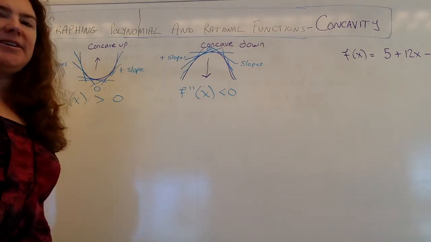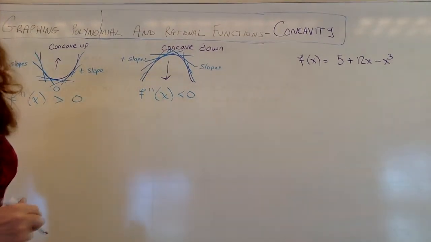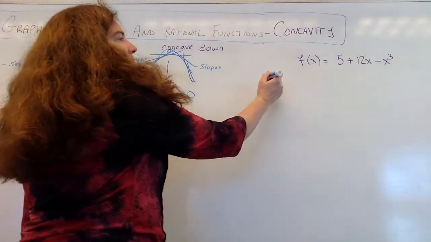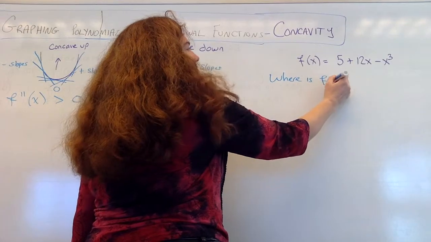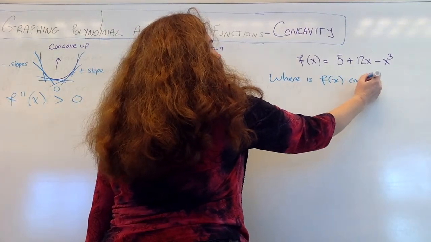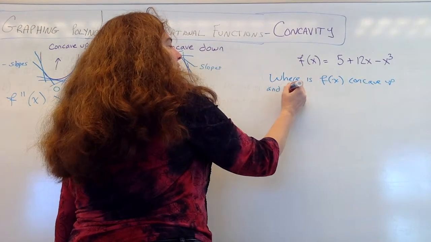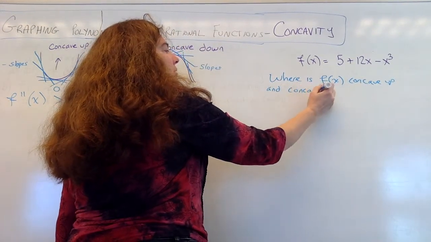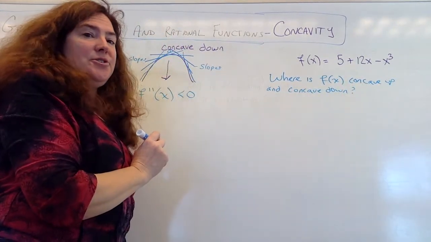So let's look at an example. 5 plus 12x minus x cubed. Where is f of x concave up and concave down? So what do I need to do?